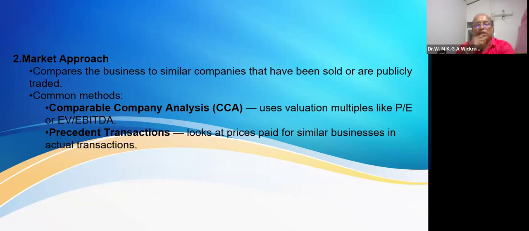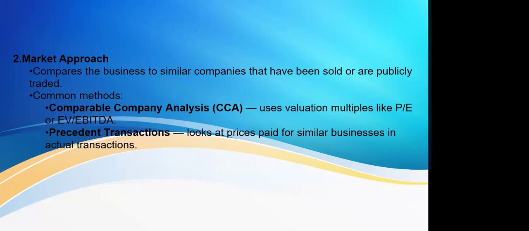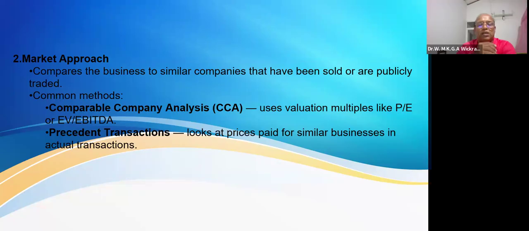That is the value you take, so if somebody comes and asks you to sell your land, you have a basis. Precedent transaction means the previous transactions. That is the way we value our companies too.